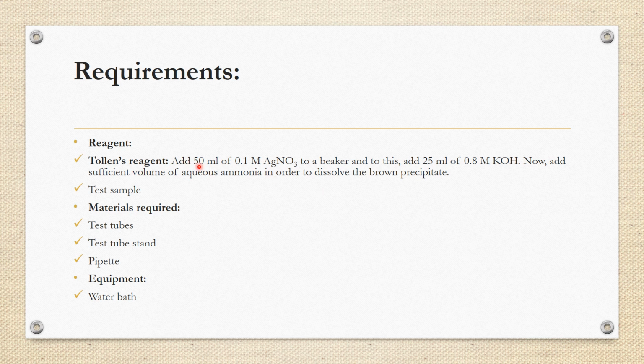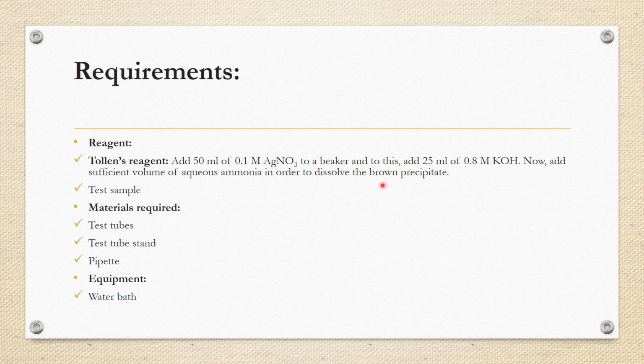To this beaker add 25 ml of 0.8 mole sodium or potassium hydroxide, and now add a sufficient volume of aqueous ammonia in order to dissolve the brown precipitate.